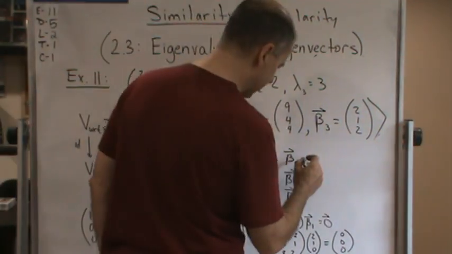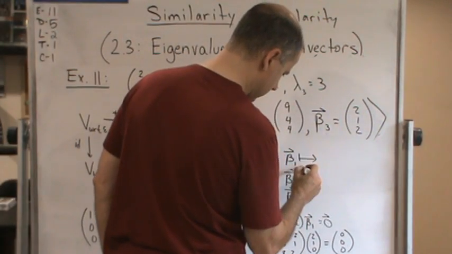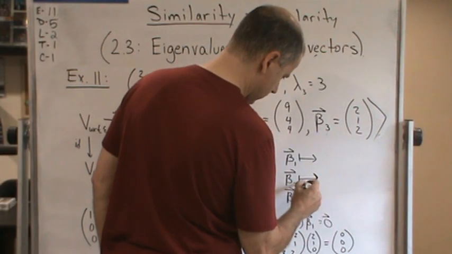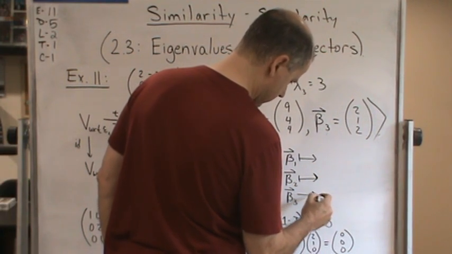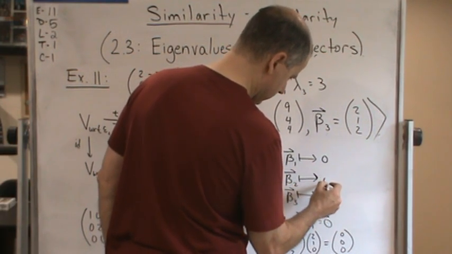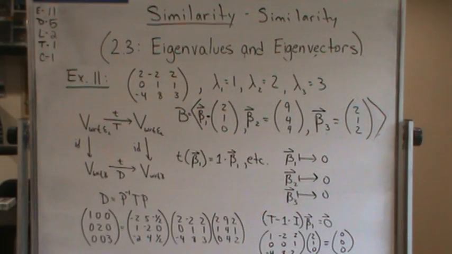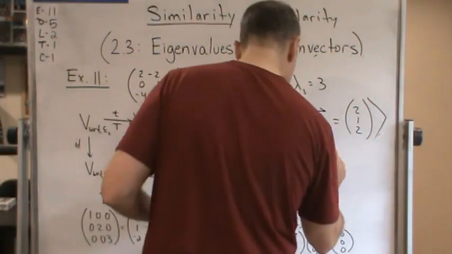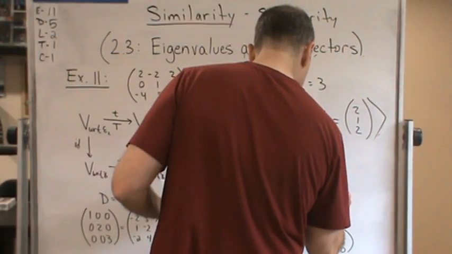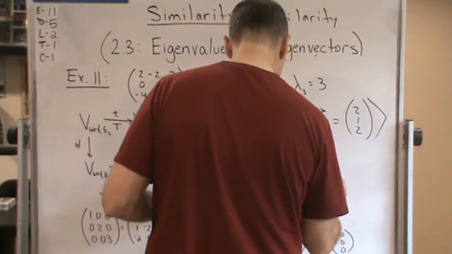The action on the basis is going to be sending them all to the 0 vector.